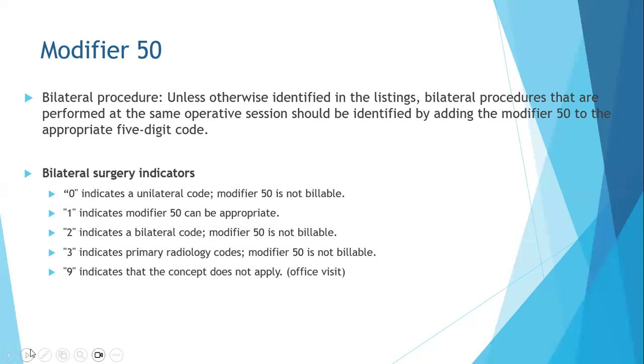So if the insurance company wants a modifier 50 on it, then you can apply it in order to get paid. There are other insurance companies that want the LT and RT on it anyway. So you have to bill it on 2 lines, one with an LT, one with an RT, because it's specific to payer guidelines. Okay. And just remember that Medicare would not allow this.